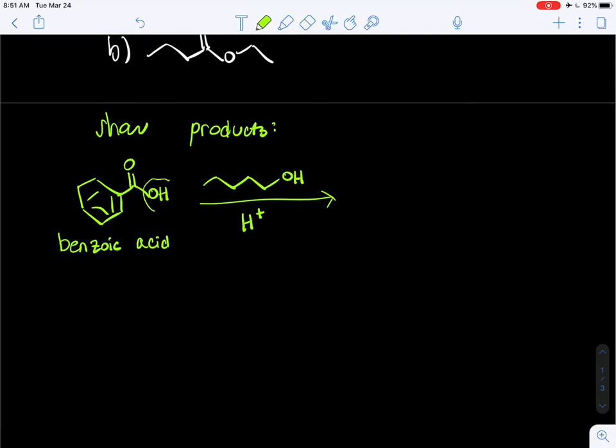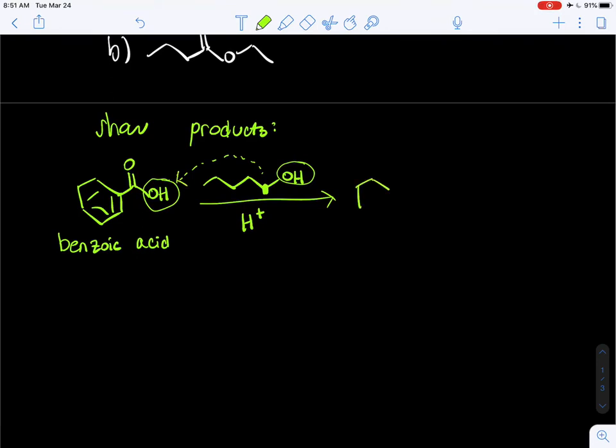So what you want to do is remove one of the OHs, okay, and connect this dot to one of the carboxylic acid OHs. So basically this dot is going to connect right to that oxygen.